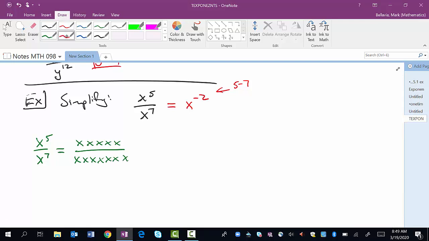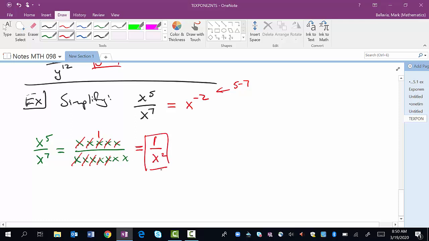And we could cancel out common factors from the numerator and denominator. This one with this one, this one with this one, this one with this one, this one with this one. And if I cancel everything in the numerator, remember, there's really a 1 there. Don't forget that. You need that 1. You end up with 1 over, and down here, x times x is x to the 2nd power.